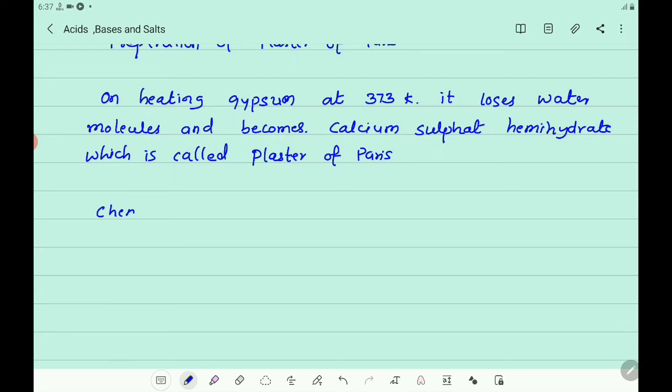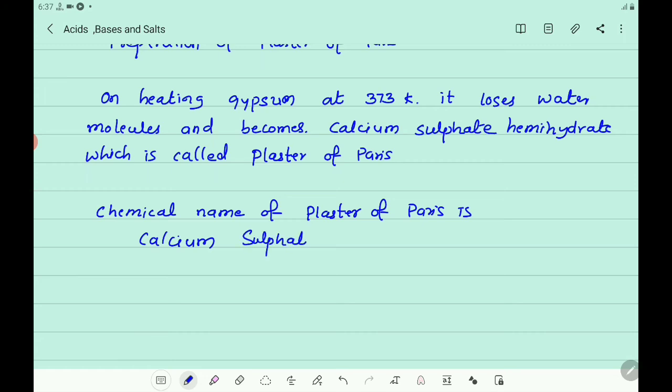Chemical name of plaster of Paris is calcium sulphate hemihydrate.